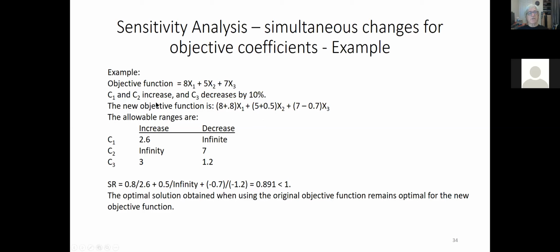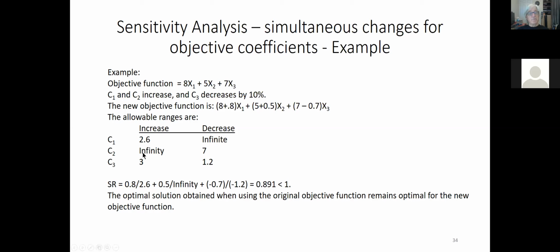To answer this question, you look at the sensitivity report. I generated out of my head some hypothetical allowable increase and decrease. So C1 can move up by 2.6 and down infinite. It can go to any lower value.